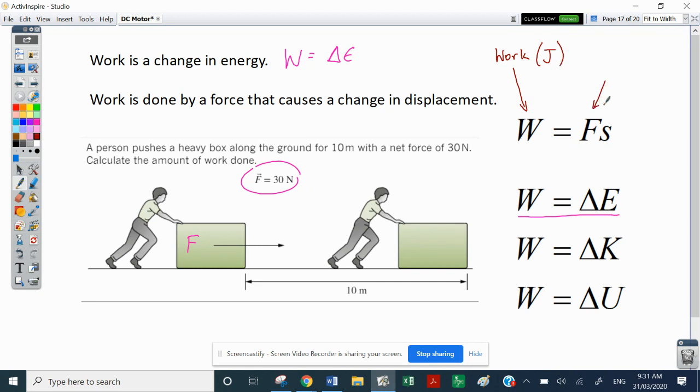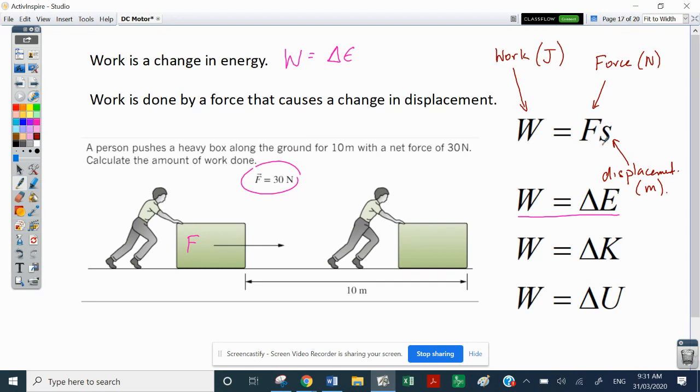And force there, this is the force that is acting, and that must be measured in newtons, and this is the displacement that it is going through, and that must be measured in meters. So work is the product of force and displacement.